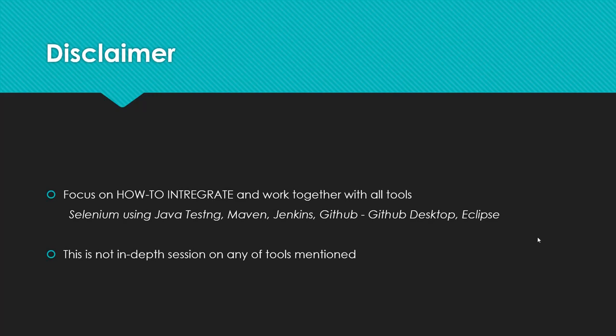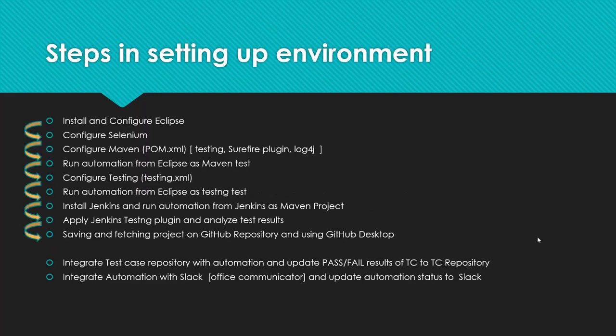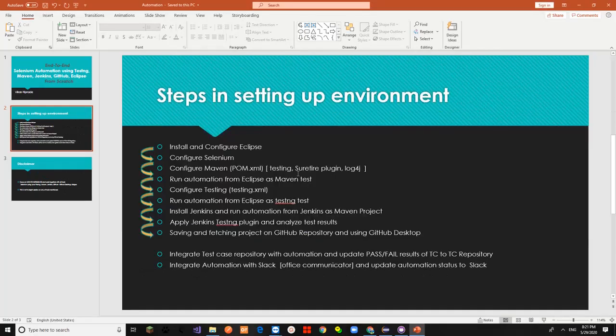So let's see what I'm going to explain in this session. I'll install Eclipse and configure Selenium on that, easy. Then I'll be using a Maven project and I will be configuring pom.xml. If some of you don't know what exactly POM and Maven are, you can take a look first and then come back and attend this session.